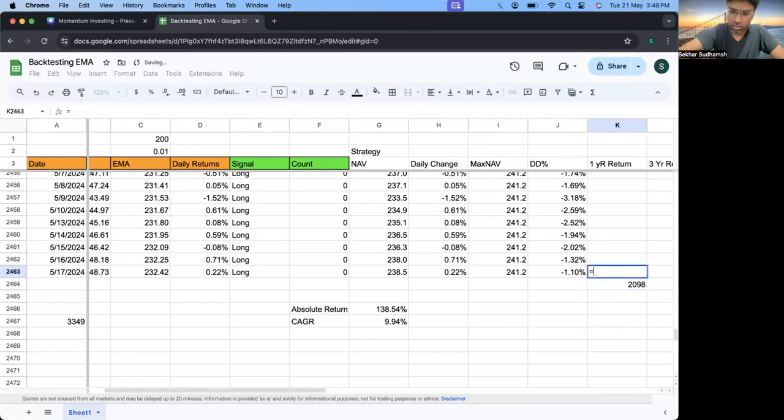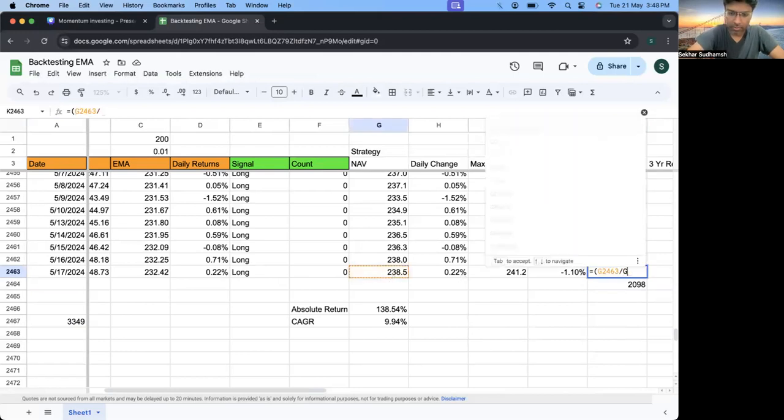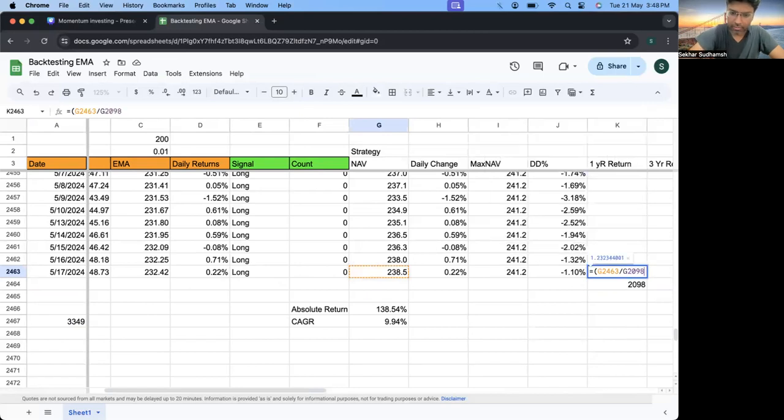So I'm going to calculate today's data divided by G2098, which is exactly 1 year back in NAV. This will give me the 1-year return if I had started exactly 1 year back. That is, if I started on 17th May 2023, my returns would be 23.23.